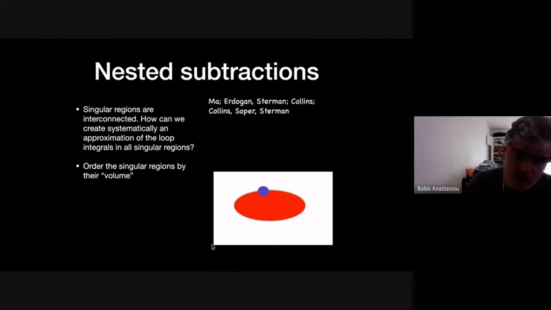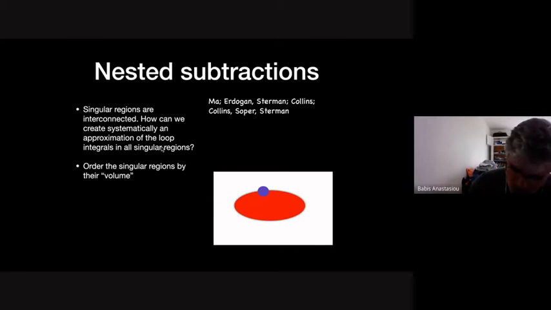What they do is to order the volume of the singular regions according to their size. For example, a soft singularity, as I said before, corresponds to one point, so it has no volume, 0 volume. A collinear singularity has a bigger volume because you can find certain directions in your integration domain that this singularity occurs.